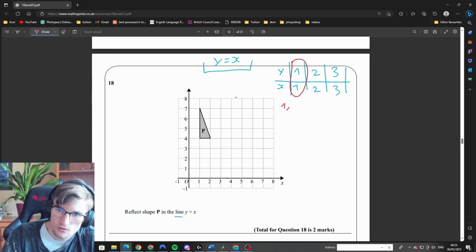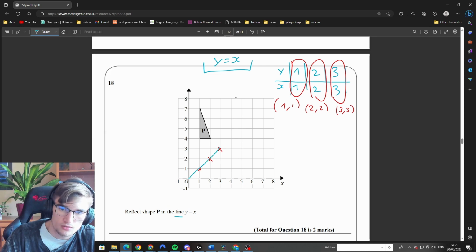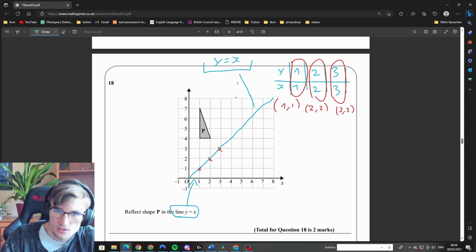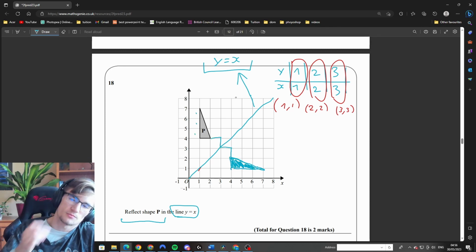So 1, 1, 2, 2, 3, 3. So I'll just plot these on the graph. 1, 1, 2, 2, 3, 3. So I'll just draw the line, connect the dots. So now I know that in the question, they're talking about this line, because this line is what y equals x is, okay? To reflect the shape in this line, that's going to be my reflected shape.